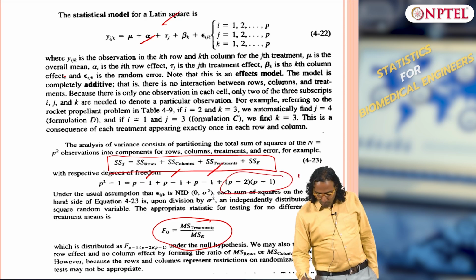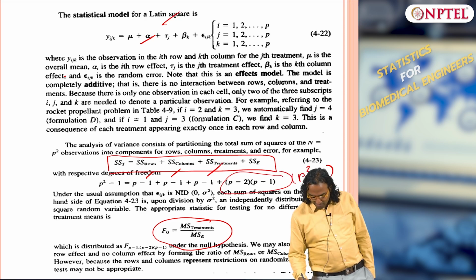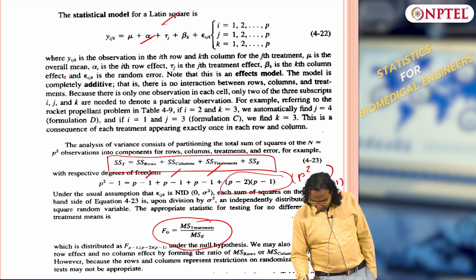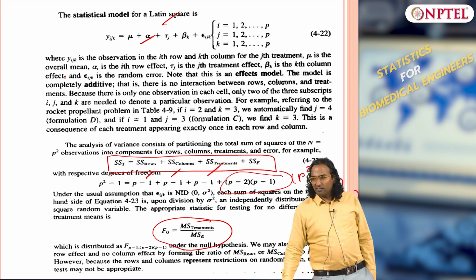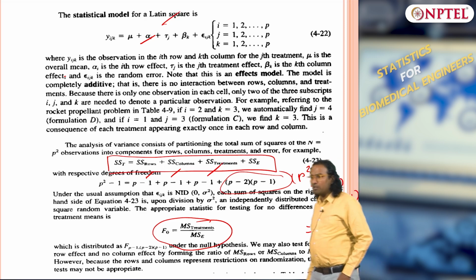So p squared minus 1 minus 3 times p minus 1 equals the degrees of freedom of sum squared error, which is equal to p minus 2 into p minus 1.